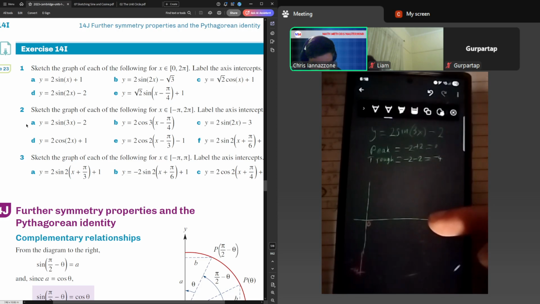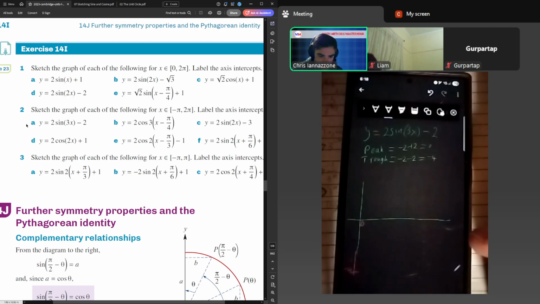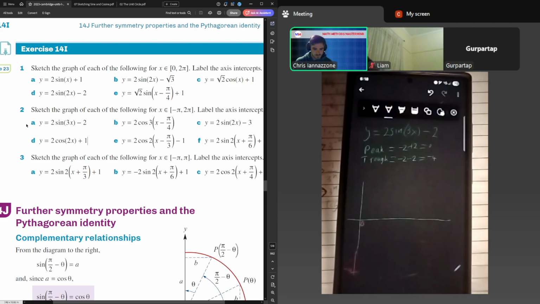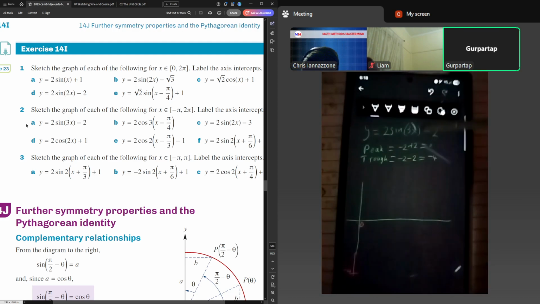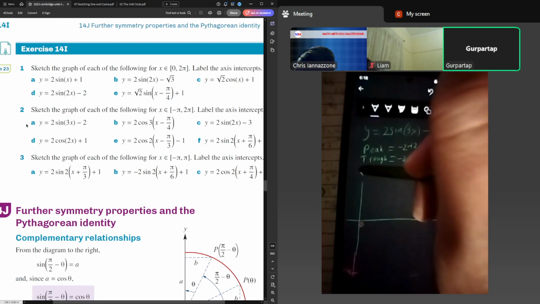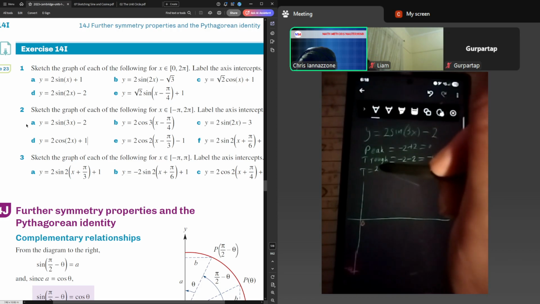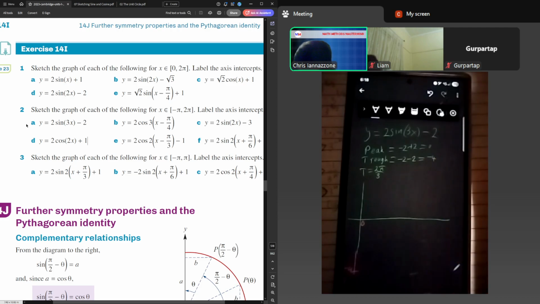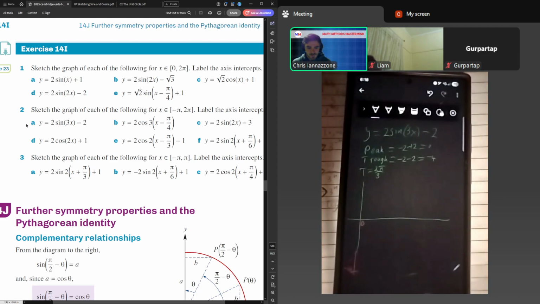Okay, what else do we need to know? Period is 2 pi on 3, because that's our n value of 3 there. Capital T is 2 pi on 3. What else?